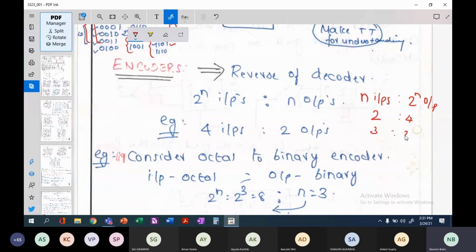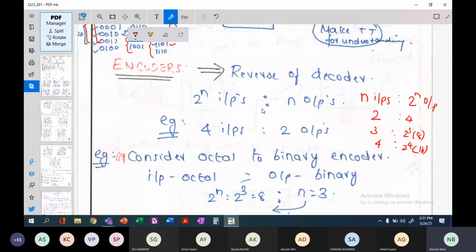If we have three inputs, 2 power 3, which is 8 outputs. If we have four inputs, 2 power 4, 16 outputs. Sorry, n cross 2 power n decoders. Reverse means what? We will have four inputs here and two outputs. We will have 8 inputs here and three outputs. We will have 16 inputs and four outputs.